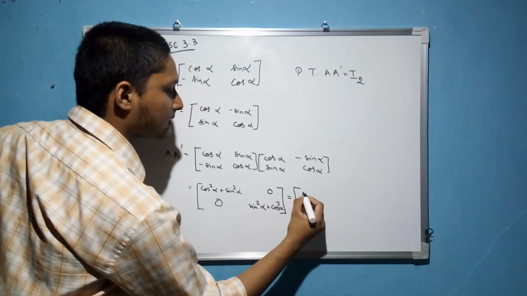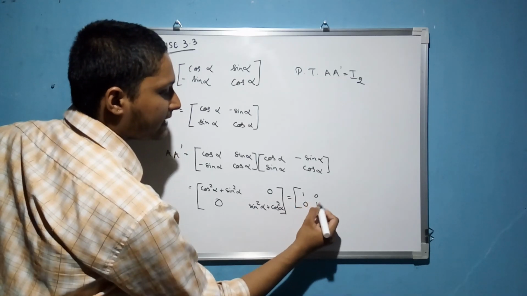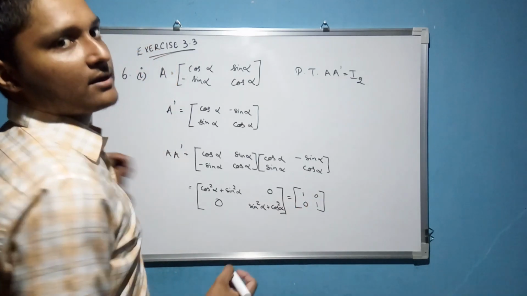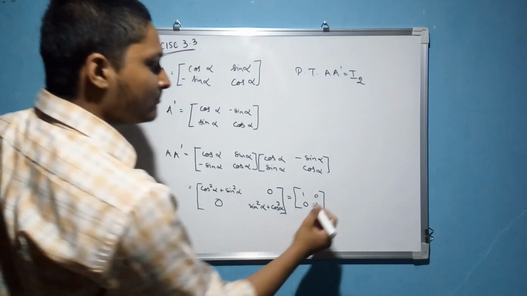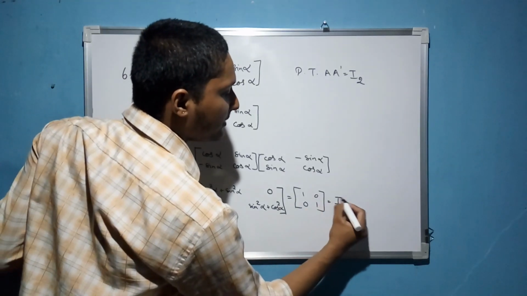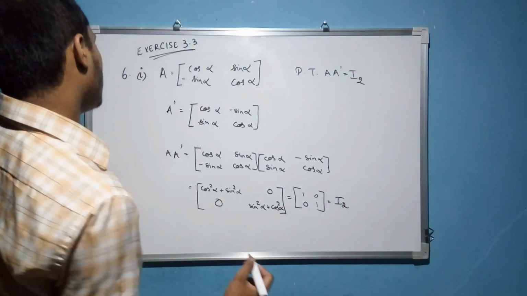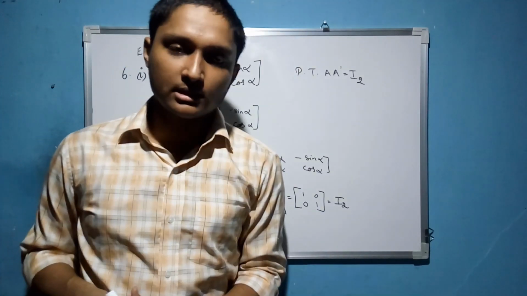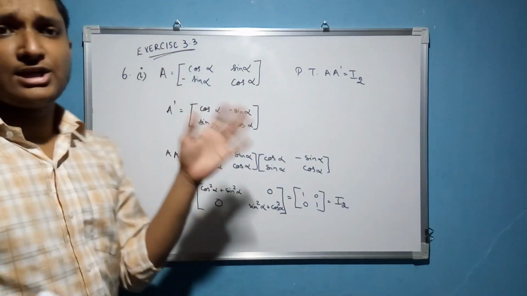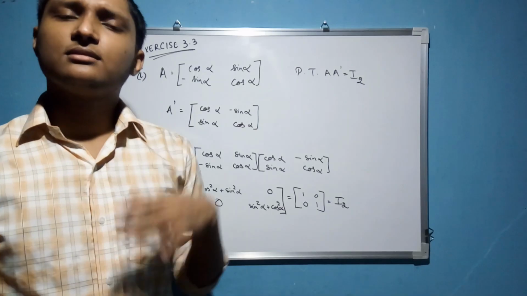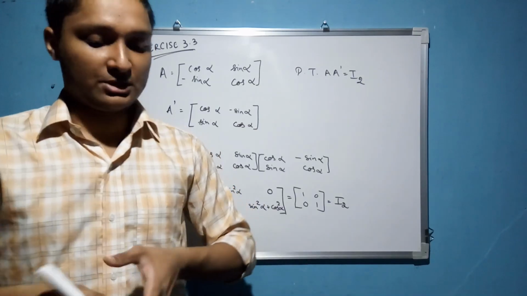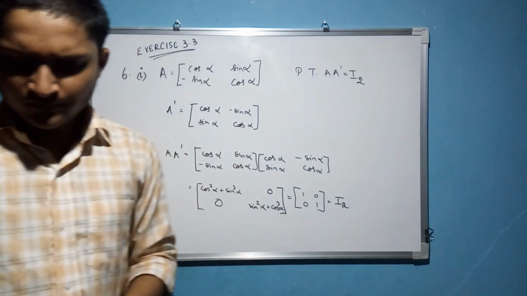By our trigonometric identity, cos square alpha plus sin square alpha is equal to 1. Therefore it is the identity matrix of order 2. Then you have the second subdivision. They have just interchanged the cos and sin, making up another question. Nothing else in that.